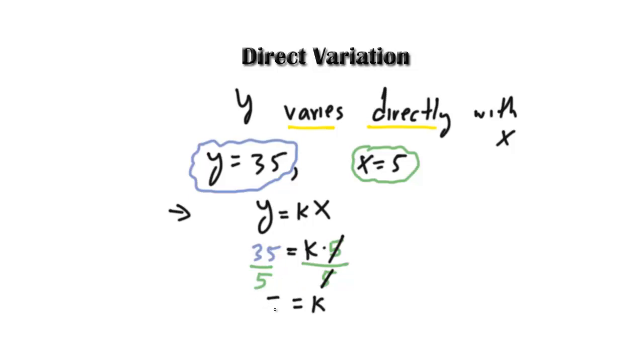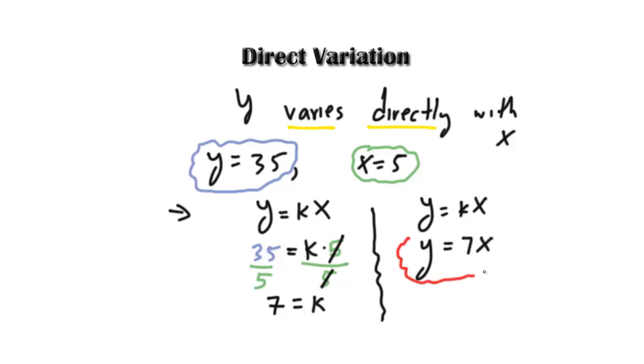That just comes out to 7. So k is 7. We're going to use that information to write out our direct variation equation. So y equals kx. But we just found k to be 7, so let's go back and replace k. And look at that. This is our equation that relates y and x. And we're done.